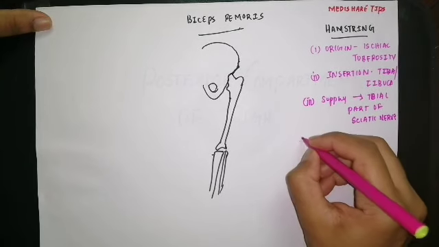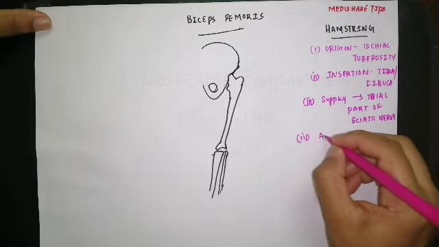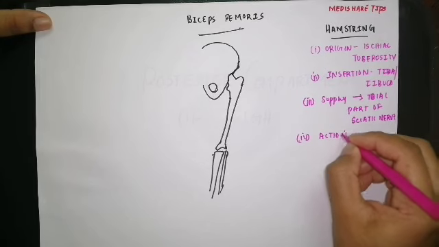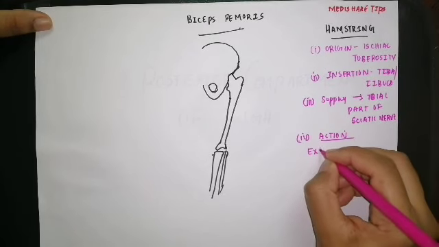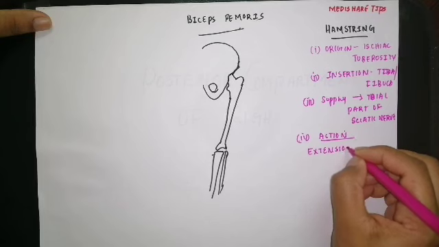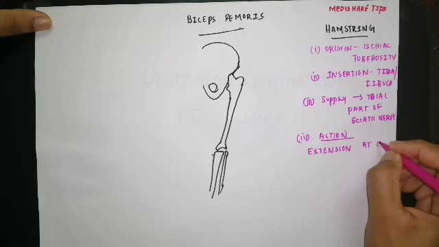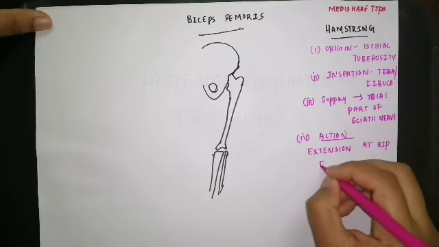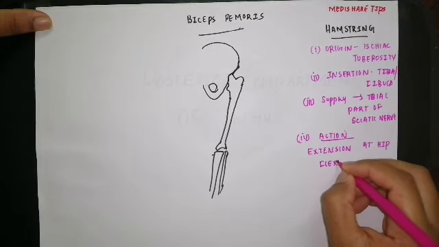And the important one is action. The action of this muscle should be, it should cause extension at hip joint and flexion at knee joint.